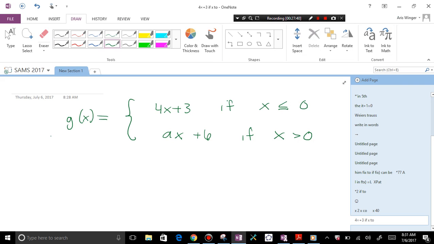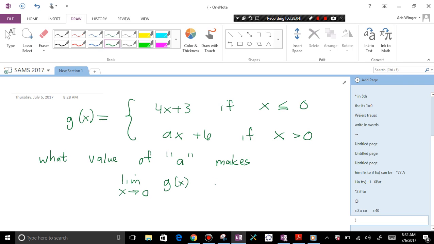So the question is, what value of A makes the limit as x goes to 0 of g of x exist?